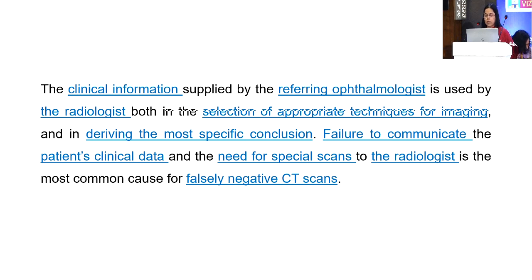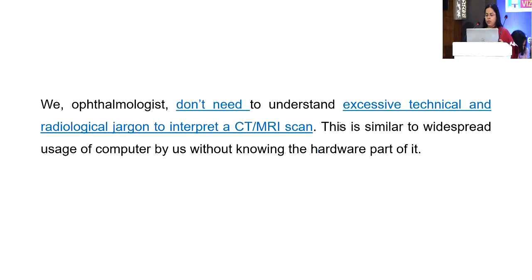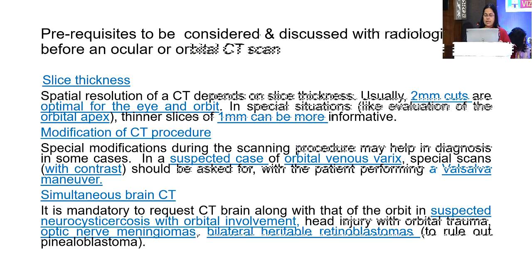If we fail to supply the patient's clinical data or the need for special scans, it will obviously lead to falsely negative CT scans. We don't need to understand the excessive technical jargon of the CT MRI machines. We only need to read the reports. The slice thickness we usually ask for is 2 mm cuts.